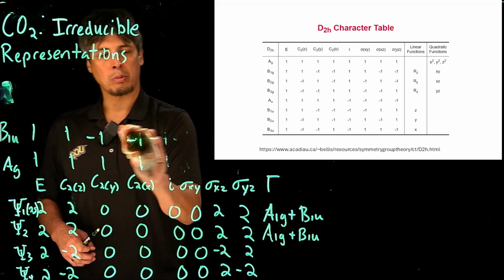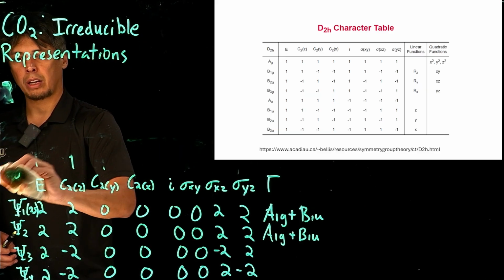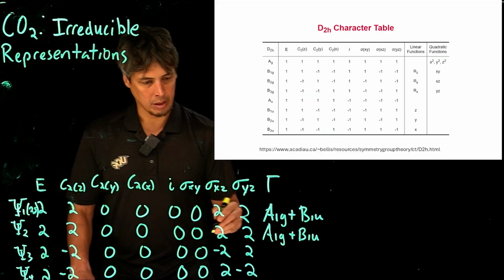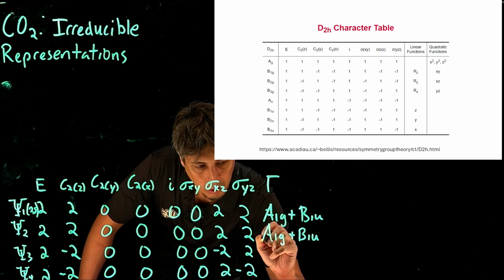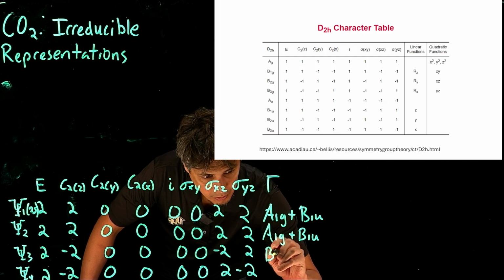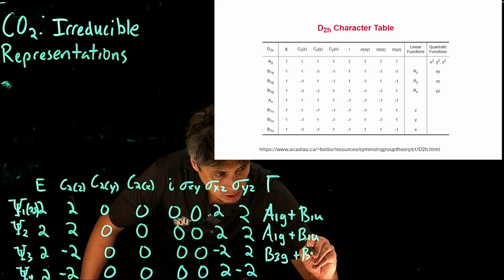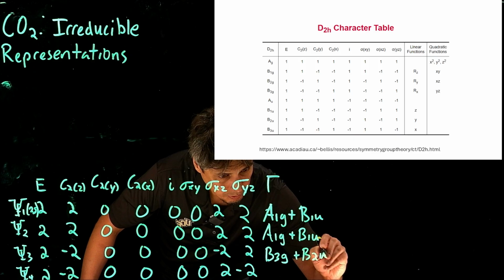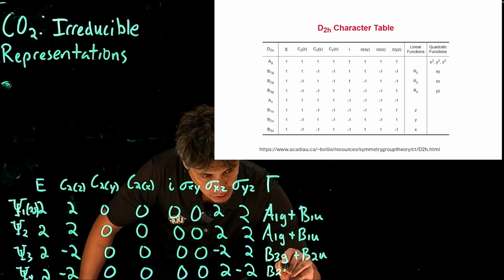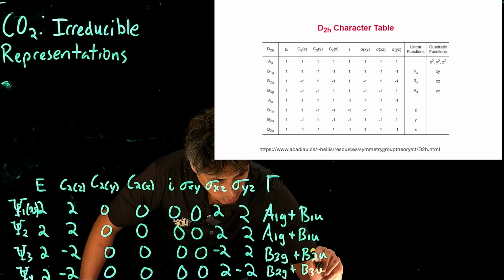We can do a similar process for each of the other combinations of atomic orbitals, and what we find is that the one generated from the py orbitals is B3g plus B2u, and then the last one, generated from the combination of px orbitals, is B2g plus B3u.